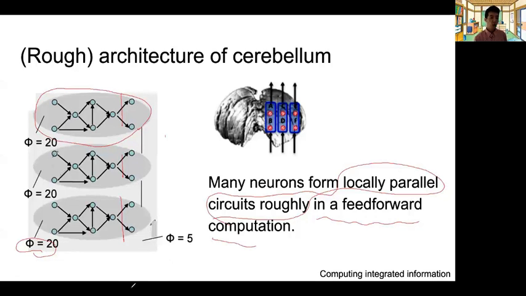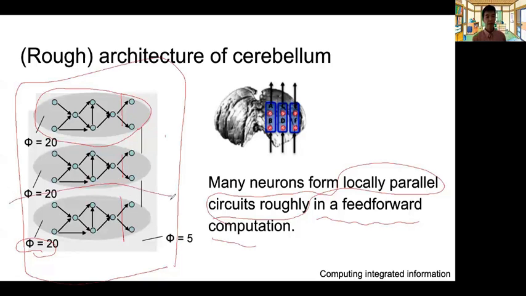But if you consider all of these cerebellum circuits, then obviously there is a weak link here. And you don't lose much, because each of them is doing its own thing. So if you cut the cerebellum here, the result of this computation doesn't get affected.